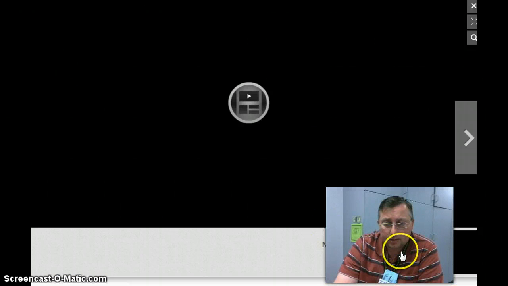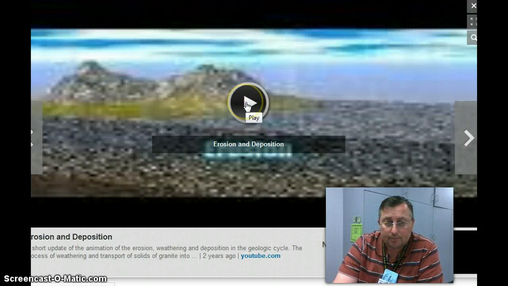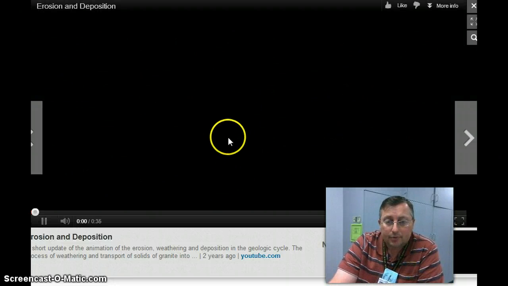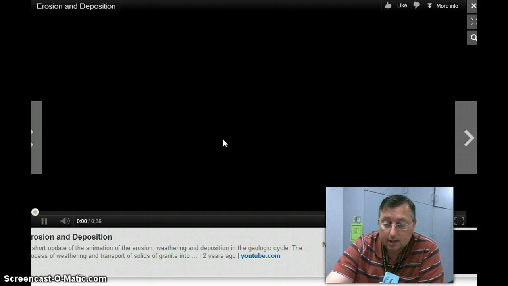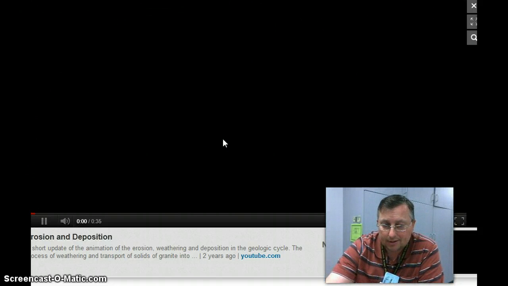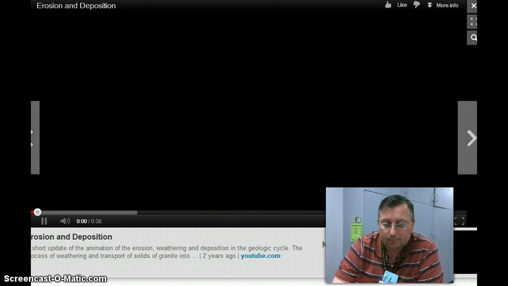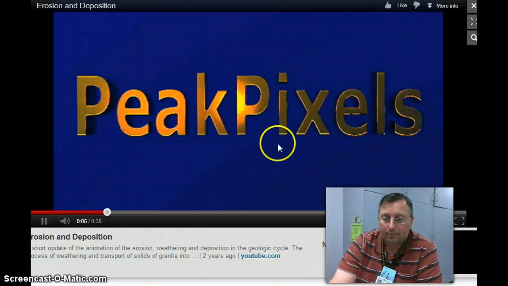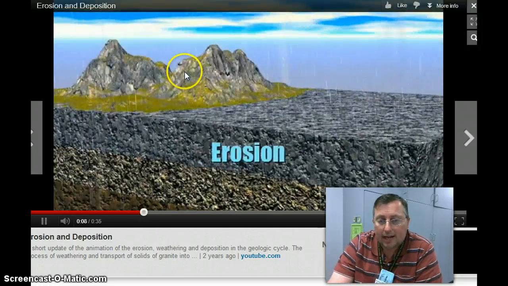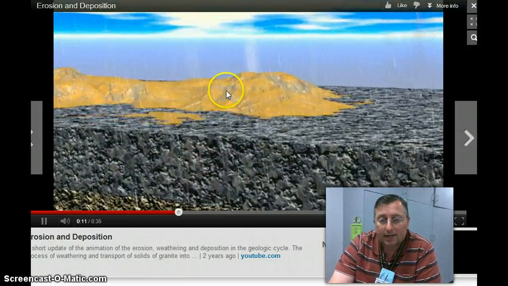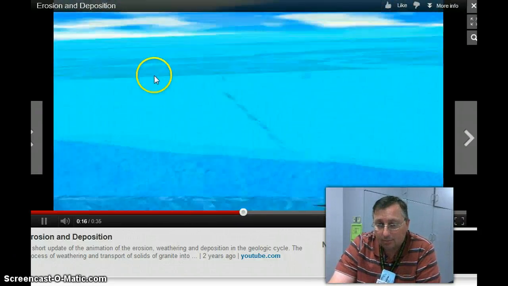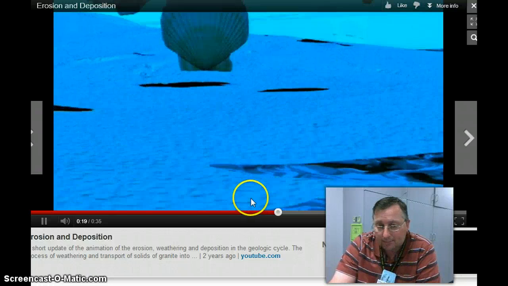If we look at this little video of erosion and deposition, it's only about 30 seconds or so. But basically what it's showing is, hopefully, you got land here, it's being worn away by the rain, it erodes, it moves, and then the waves come in and erode it even more, and then it deposits it at the bottom.